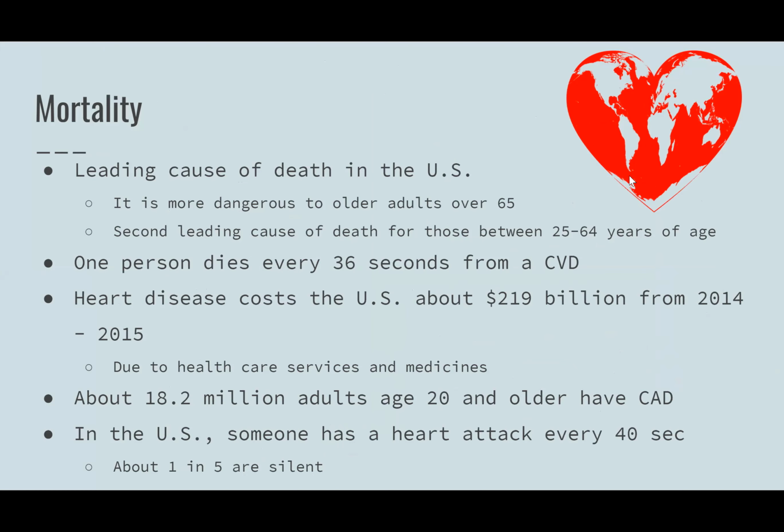It is more dangerous to adults over 65, and about 655,000 Americans die from heart disease each year, which is about 1 in every 4 deaths. It's the second leading cause of death for those between 25 and 64 years of age. And in the next slide, I'll show a comparison of the different age groups.